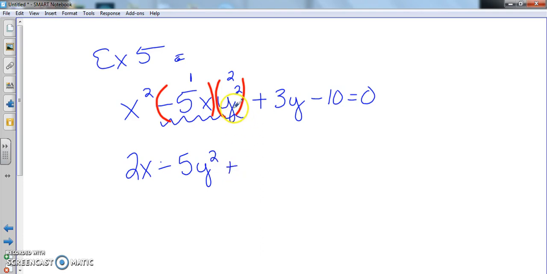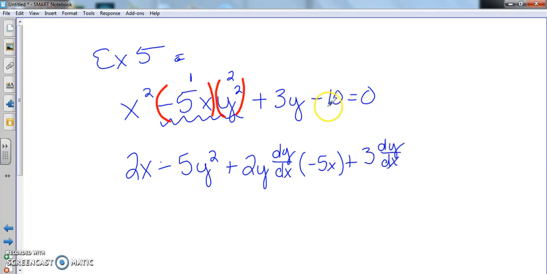Plus the derivative of the second, which is 2y. Notice I just took a derivative of a y. This is where we tack on that dy/dx. Don't forget to multiply it by the first. Plus the derivative of 3y, which is 3. Don't forget that there was a y, so this is going to be a dy/dx. Derivative of 10 is 0, so this whole thing equals 0.